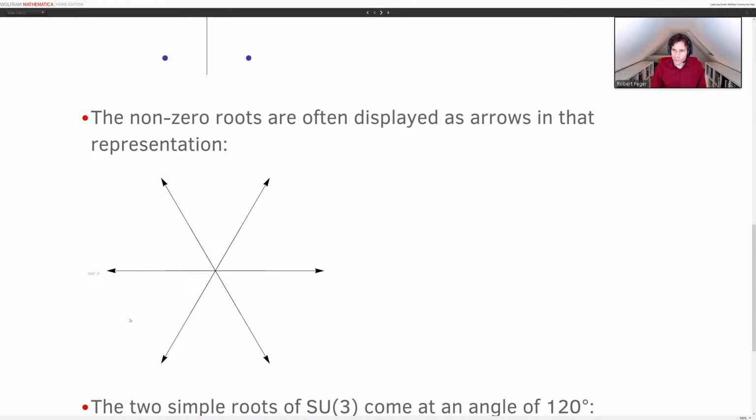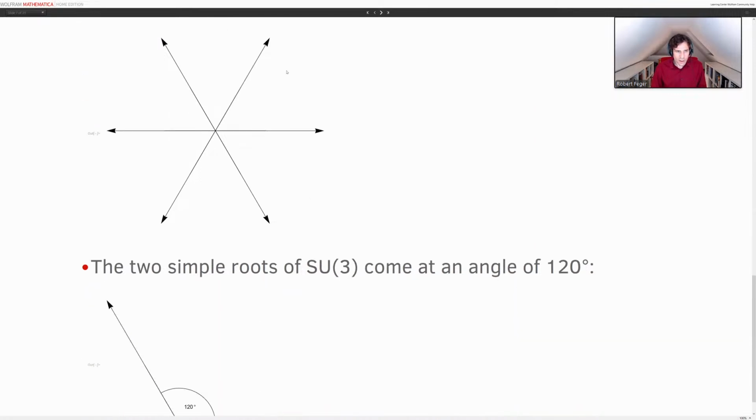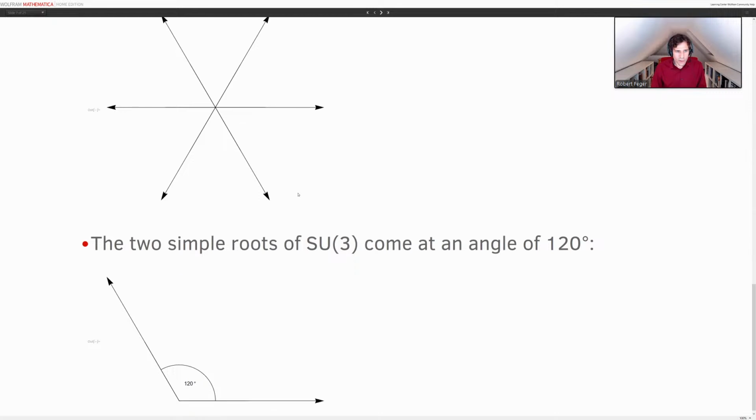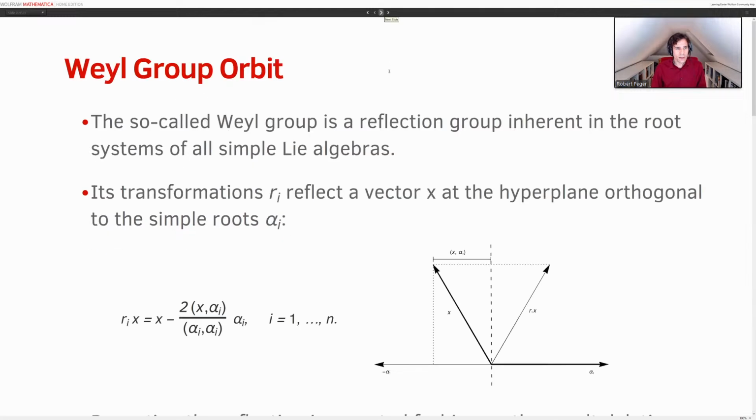So oftentimes, for example, when you pull up Wikipedia, you see plots like this. These are all roots up here, and the two simple roots are these two roots here, and they come at an angle of 120 degrees. That will be important later on for Dynkin diagrams.